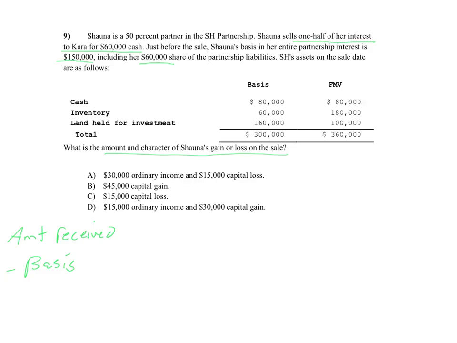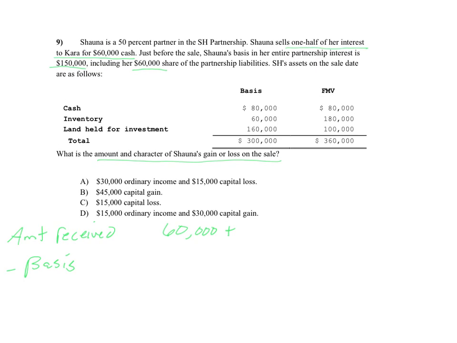She sold her partnership interest for $60,000 cash, plus her share of debt relief. But remember, she's only selling half of her interest, okay? And her total share of partnership liabilities was $60,000. So if she only sells half her interest, that means her debt relief that she is selling is $30,000, okay?